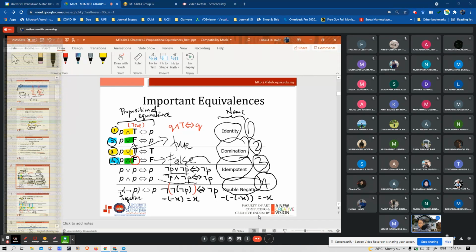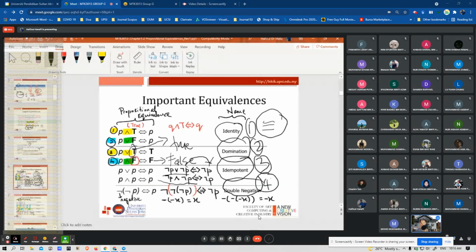Output is the same. Equivalent here, or you can use the equivalent symbol. Is it okay, guys? If you have any doubt or problem, you can ask me.